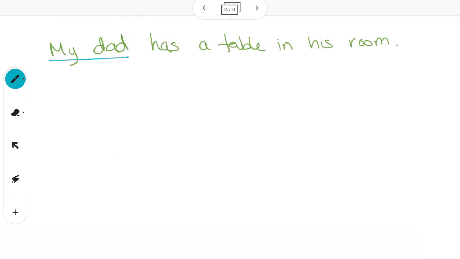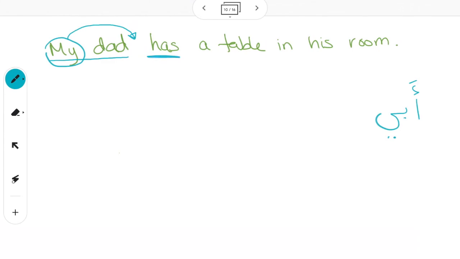So the first part is my dad. That's one unit. So there's not a separate word for my. Remember that my is a pronoun that we're attaching to the end of the word dad. So we have here, ab is dad, and we attach the ya to the end, right? So it should look like this. Abi.